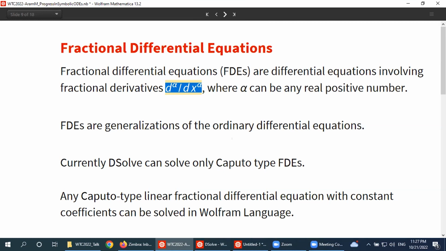For example, a Caputo derivative of a constant is always 0, but the Riemann-Liouville derivative of a constant is not 0. Also, for Caputo type differential equations, we can solve initial value problems of fractional differential equations, and the initial conditions can be given only for integer order derivatives of the unknown function. And I want to say that currently any Caputo type linear fractional differential equation with constant coefficients can be solved in the Wolfram Language.